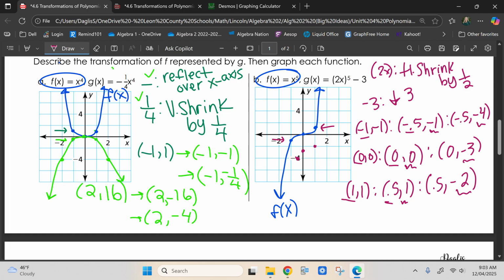So it gets halfway closer and it drops down 3. So now we're here. And here's my new one. So from blue to purple, it got squished from the sides and dropped down.